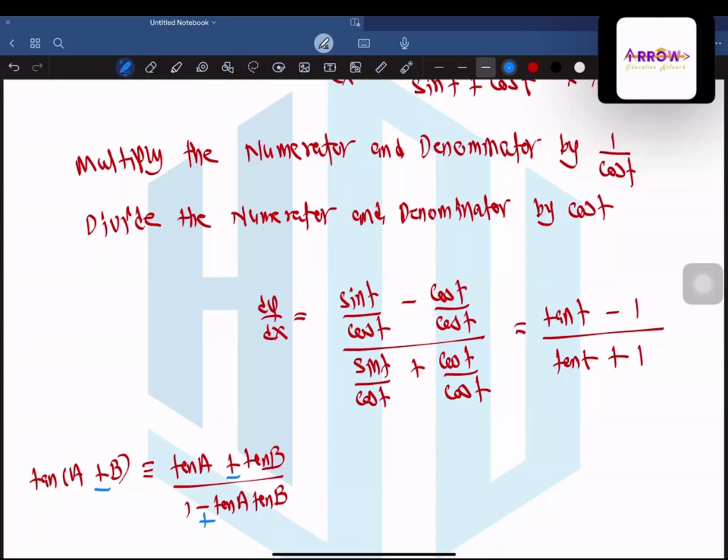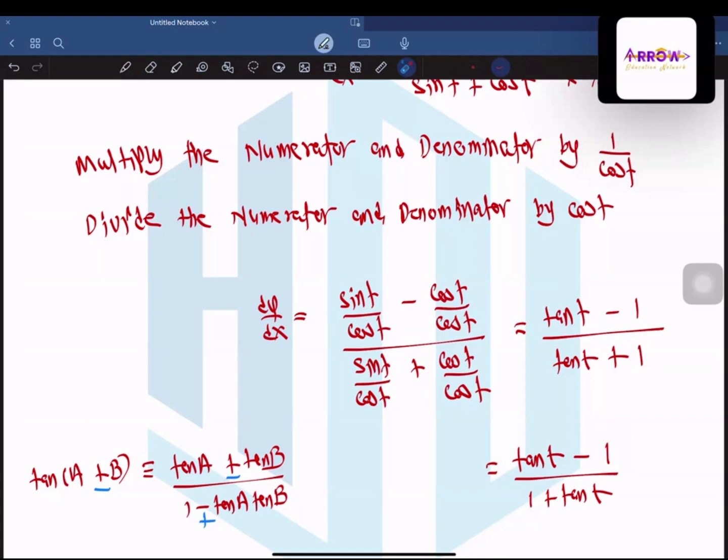Okay, so you need to make a comparison with this form over here, and for that purpose I'm going to write this dy over dx function intentionally as tan t minus 1 divided by 1 plus tan t. All right. And now, in place of this 1 after the minus sign, what can I replace in terms of tan?